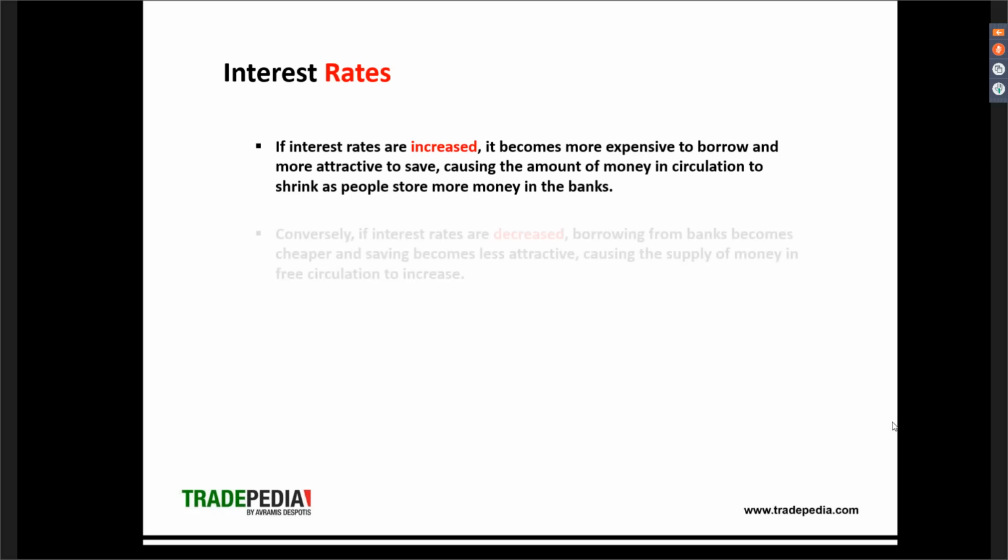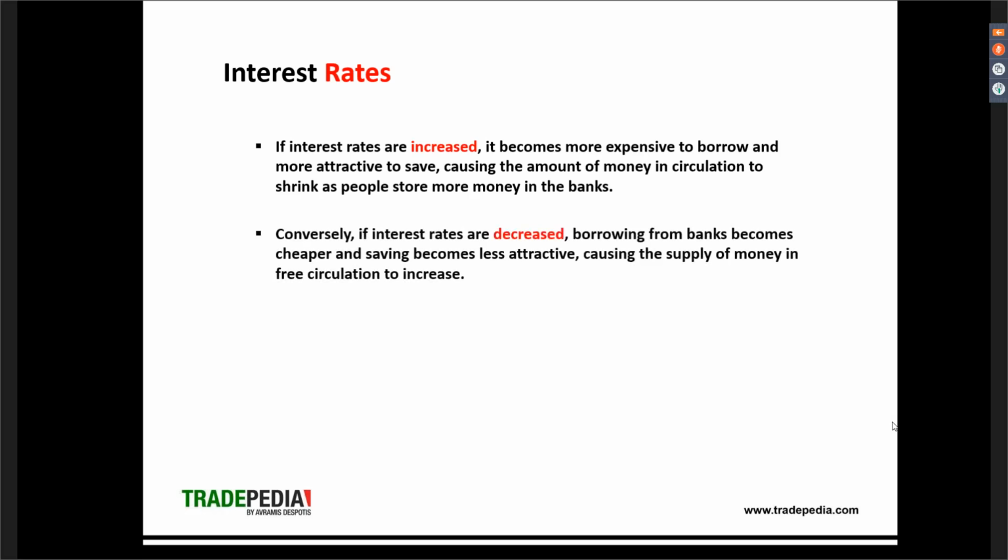On the other hand, a decrease in interest rate, what effect does this have? Well, borrowing from banks becomes cheaper since there's a lower interest rate now. Many companies may take this as an opportunity to take out loans and invest in their businesses now that the rate we're paying for that borrowed money is less.